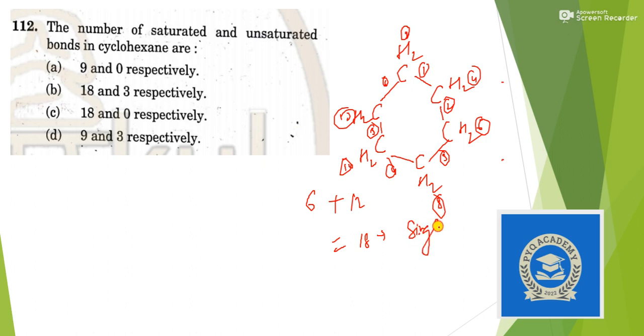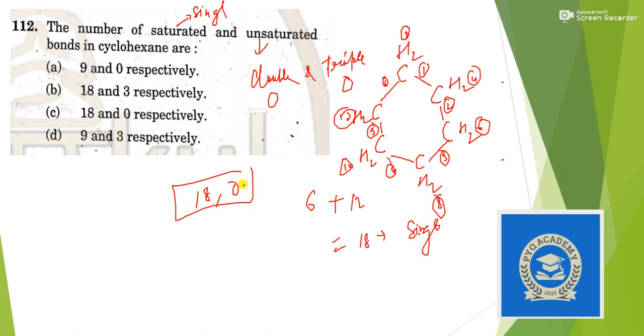They are asking about the number of saturated bonds, which are single bonds, and unsaturated bonds are double and triple. As you can see here, there is no double bond and no triple bond, so it will be a combination of 18 single bonds and 0 double and triple bonds. So the answer is option C.